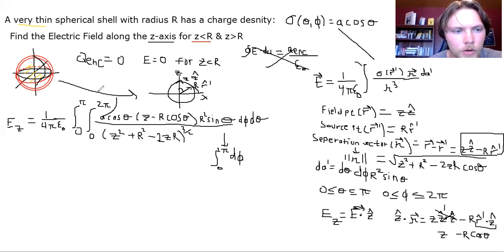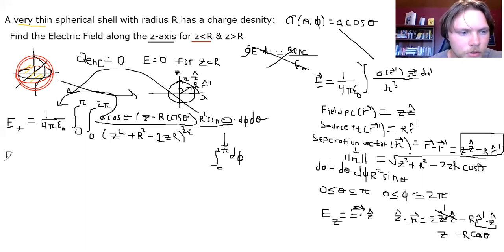We can also pull out a and r squared, meaning that this integral simplifies to a over z, 2 pi over 4 pi. I wrote that first to show that it just simplifies to 1/2.